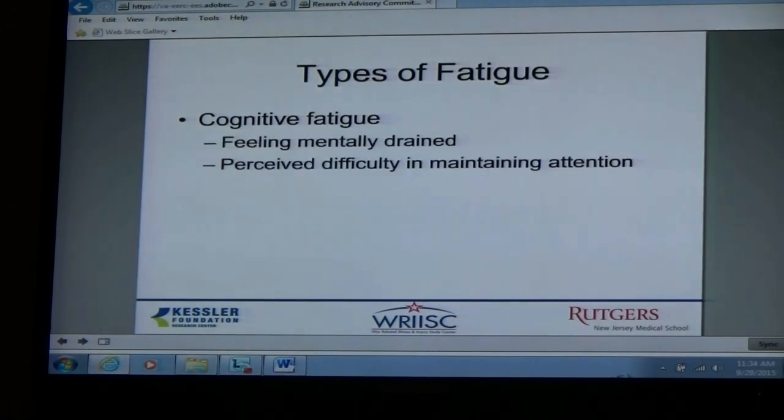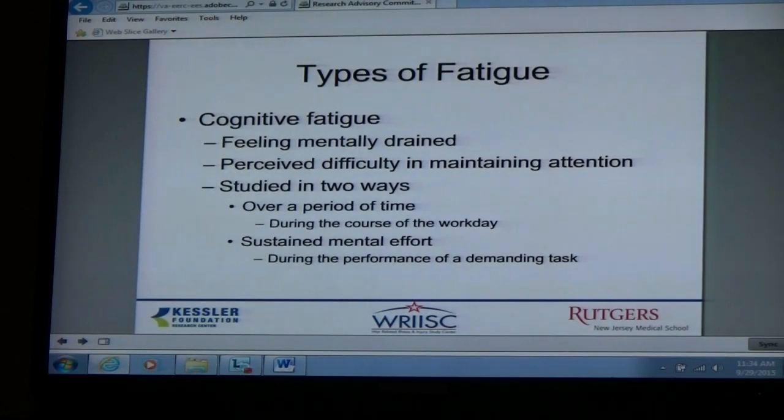So cognitive fatigue is feeling mentally drained after doing cognitive work, and it's a perceived difficulty in maintaining attention. And it's been studied in two ways. It's been studied over a period of time. So, for example, during the course of the workday, you get up in the morning, you're rearing to go. By the end of the day, you're tired, you want to go to bed.